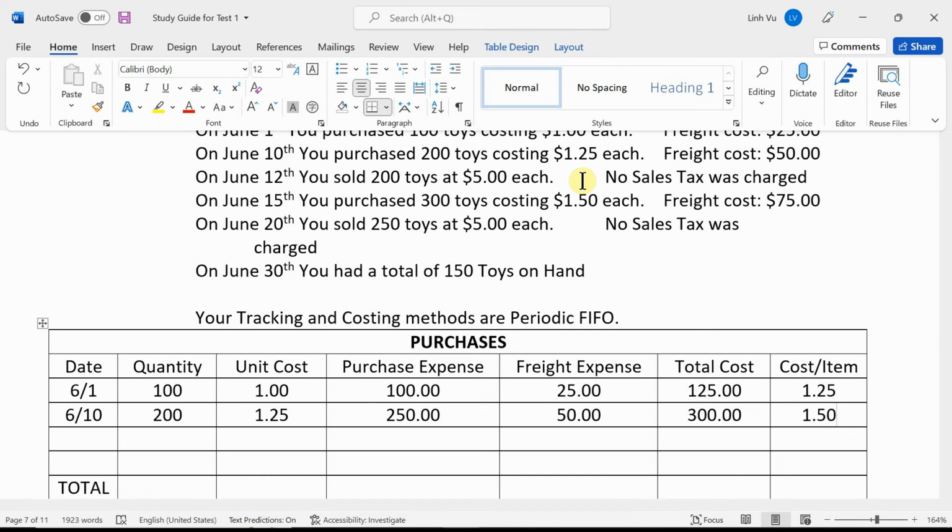So in this case, what do I do with this piece of information? What do I do with the sales I made on June 12th?